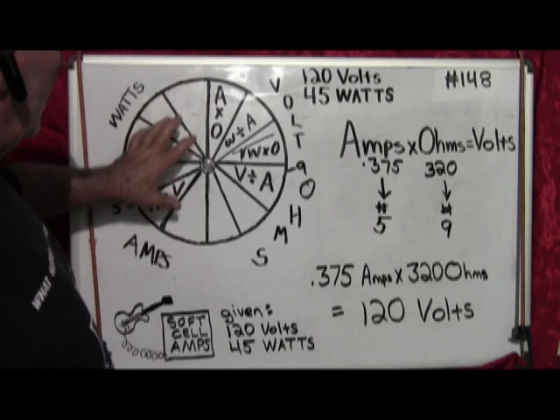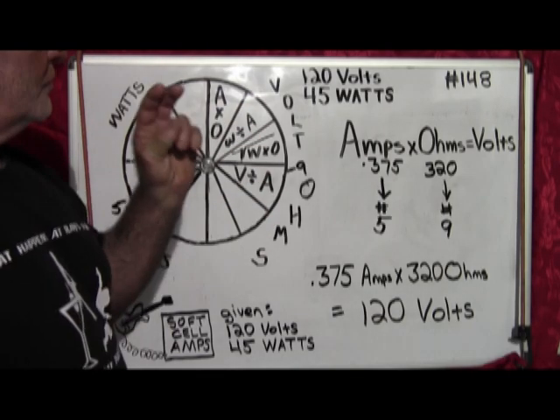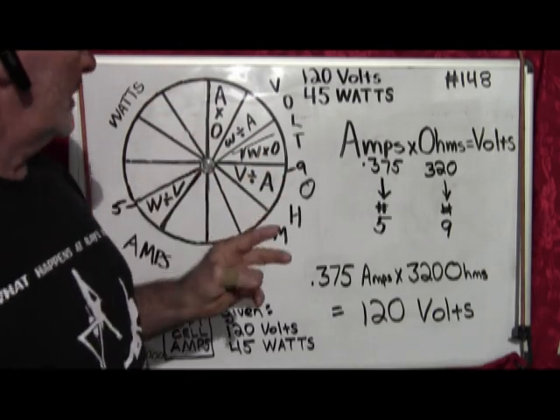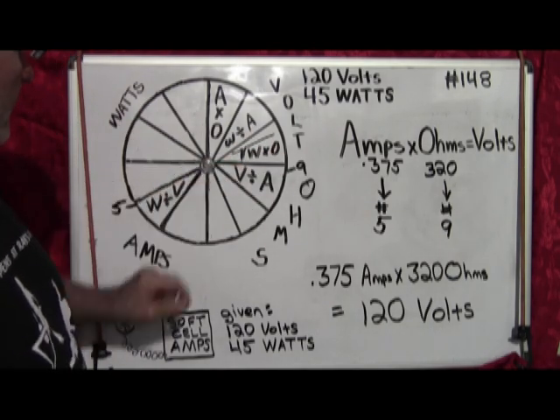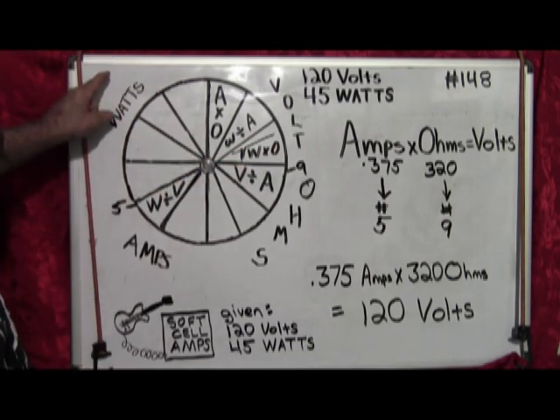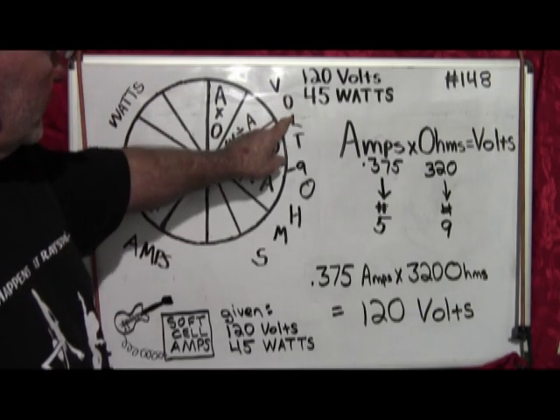You can then combine those two equations to come up with the two factors you need to solve for any equation on this chart, whether it's watts, amps, ohms, or volts.